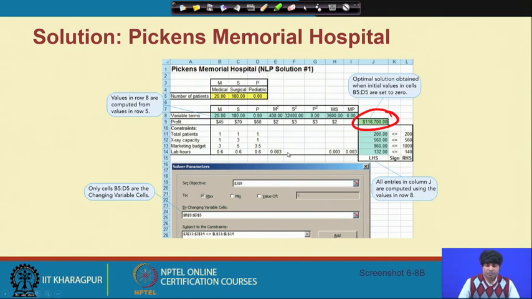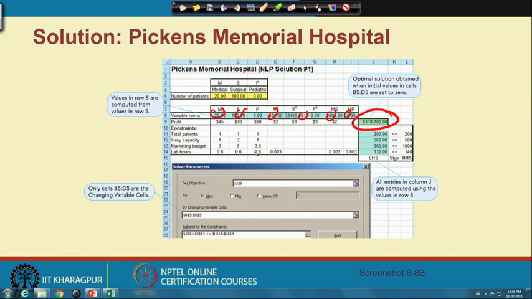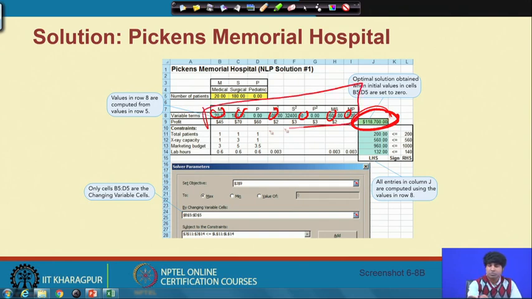These are the values of the decision variables, and if you put these values into the objective function, it will give you the optimum value. So technically, these are the values of the decision variables, and this is the value of the objective function.